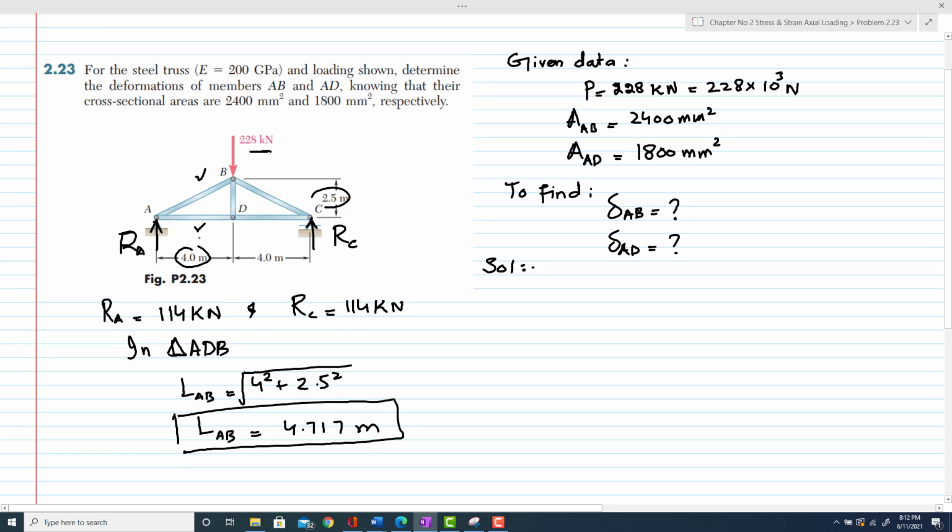As we are interested in finding the change in length in members AB and AD, we will take joint A as a free body diagram.